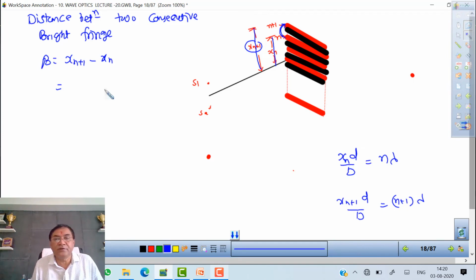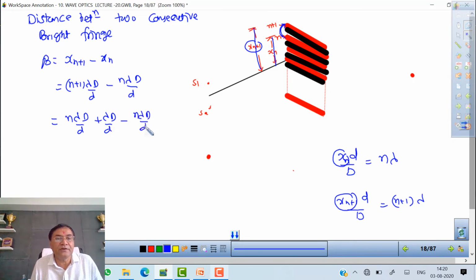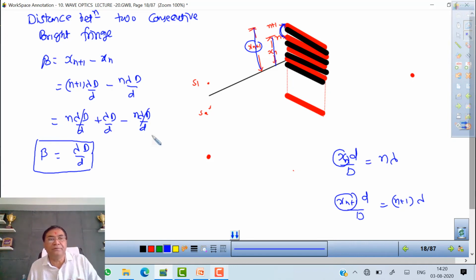So n plus 1 lambda capital D upon small d minus xn, which is n lambda D upon d. If you do subtraction, n lambda D upon d plus lambda D upon d minus n lambda D upon d, this is cancelled out, so we get lambda D upon d, that is your beta. That is the distance between two successive bright fringes.